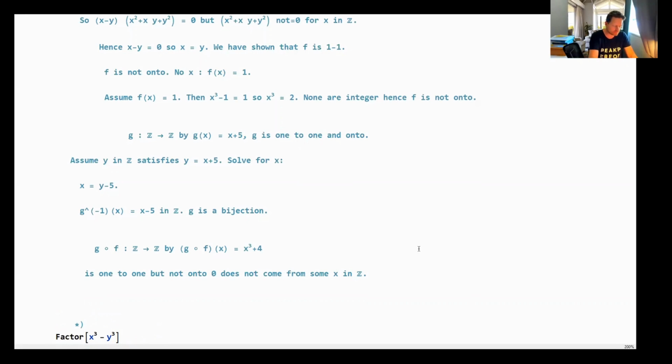If f of x, which is x cubed plus 4, is equal to 0, then can we find an x in the set of integers such that it maps to 0? Then we have x cubed is minus 4.